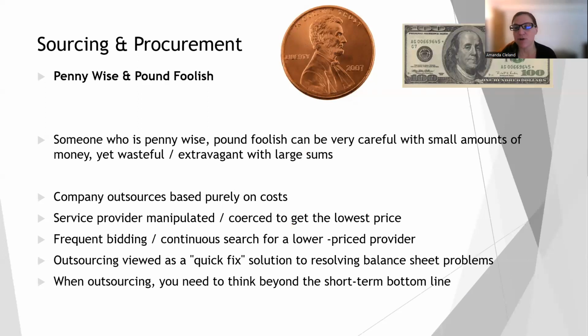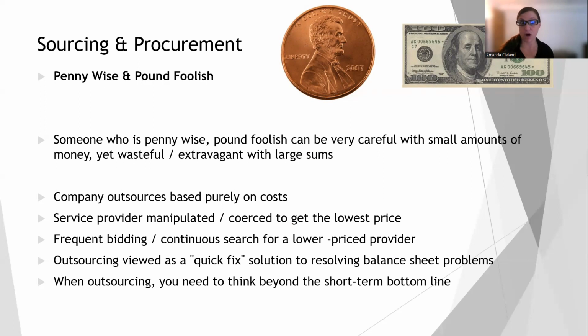This would be like someone who refuses to buy a $1 Snickers candy bar, but spends extravagant amounts on vehicles or clothing, thousands and thousands of dollars. And it just doesn't make sense. So this happens in a business arrangement when a company outsources and does it based purely on costs.